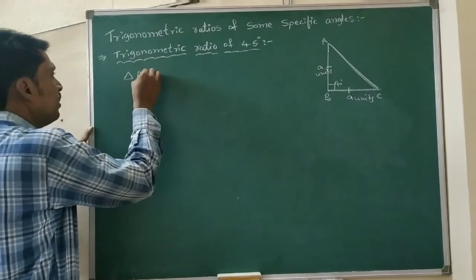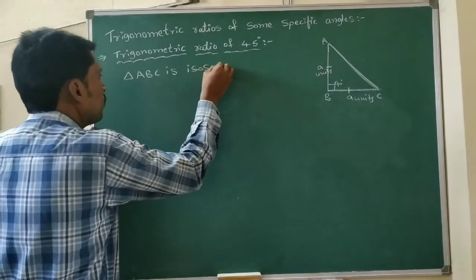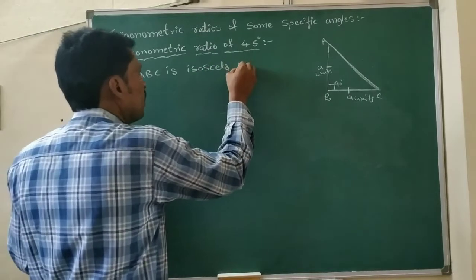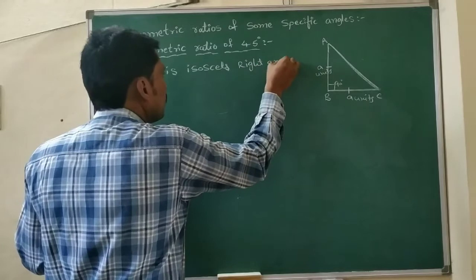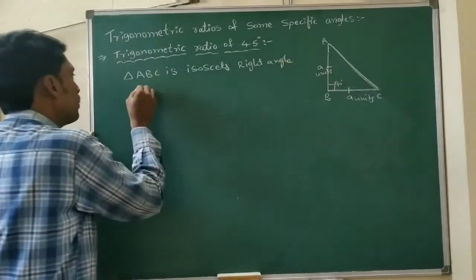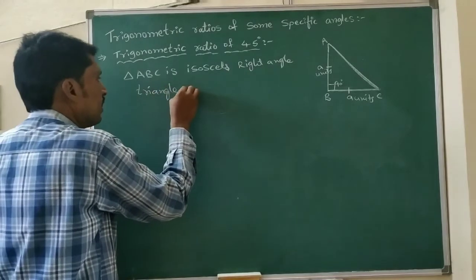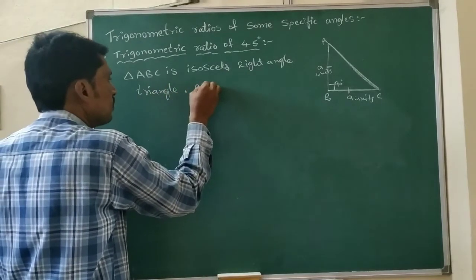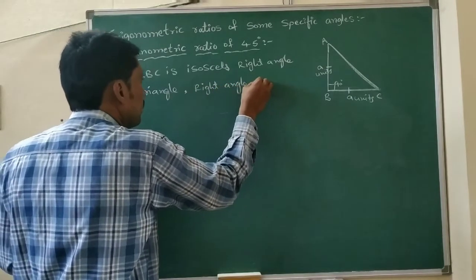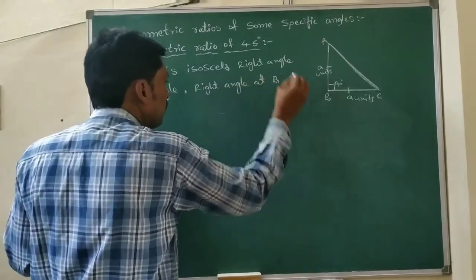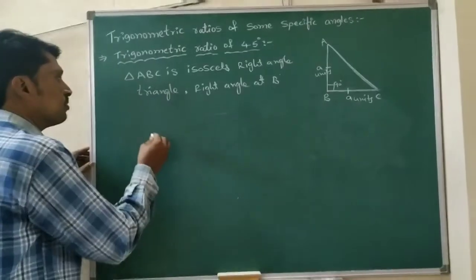Triangle ABC is an isosceles right angle triangle, with the right angle at B.